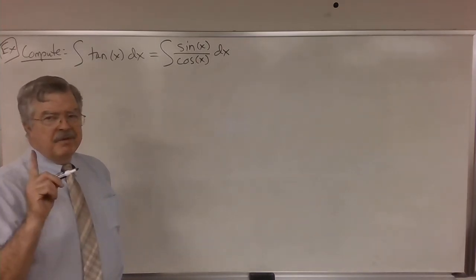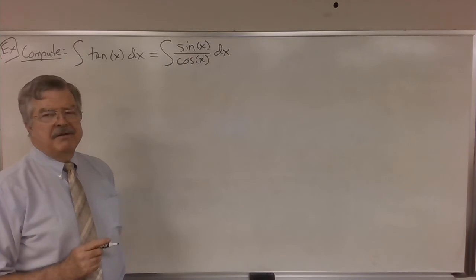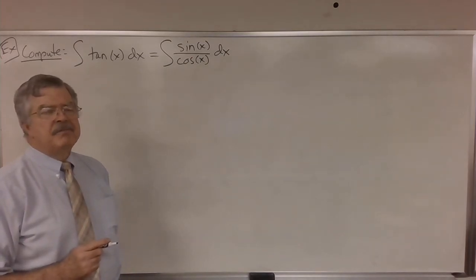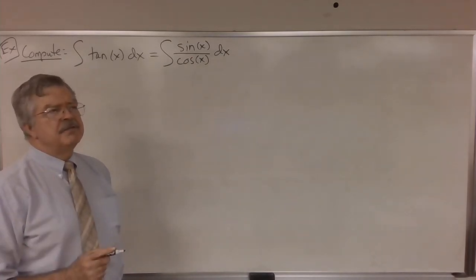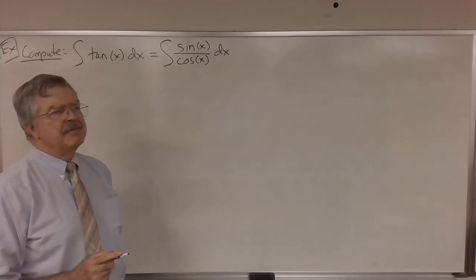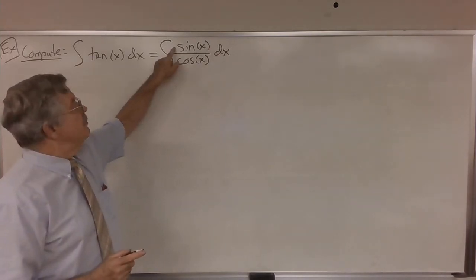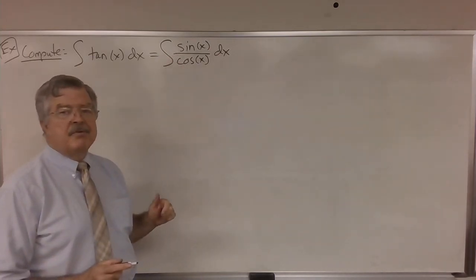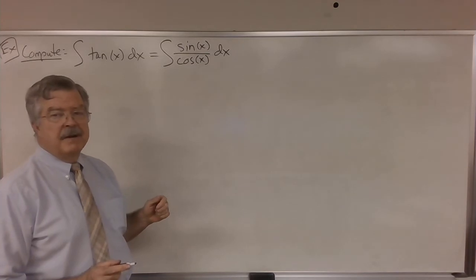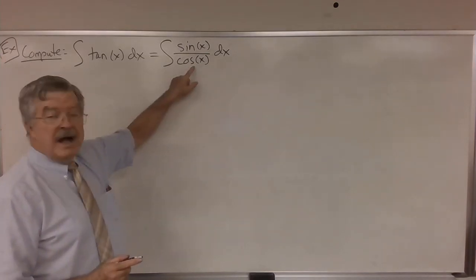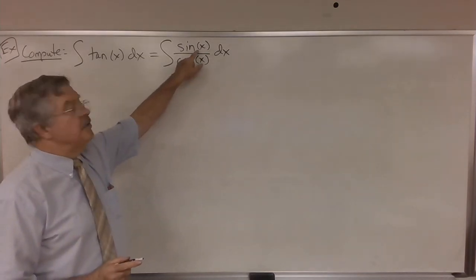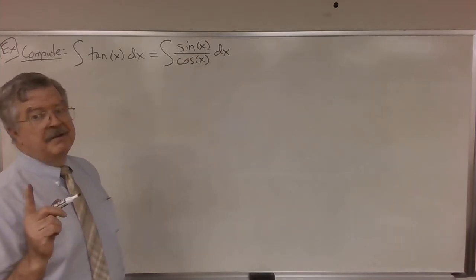Well, remember our retrospective. We're going to be on the alert for situations where we have the integral or antiderivative of a quotient in which the numerator and denominator form an approximate function derivative pair, with the denominator being the function and the numerator being the derivative.